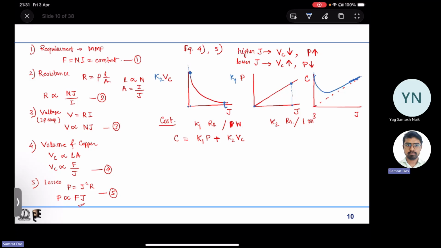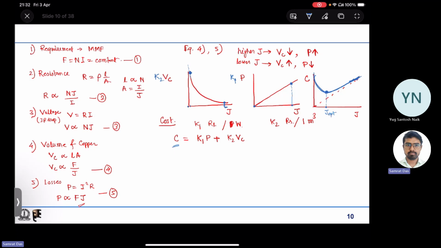So finally, if you plot C versus j, you will find some curve like this. And you can clearly see that this cost function has a minimum point. There is some j value, let me name it j optimal, where the cost function C is at its minimum point.